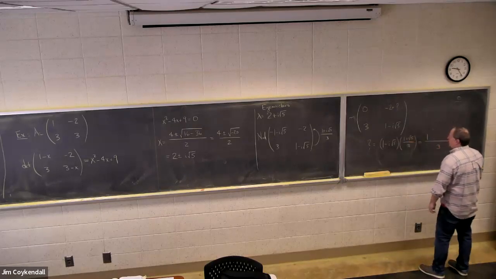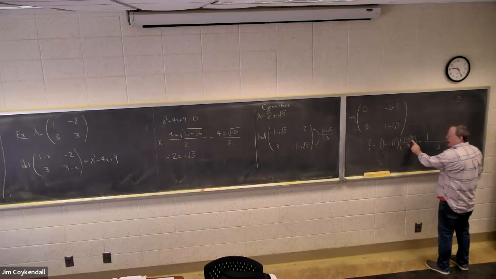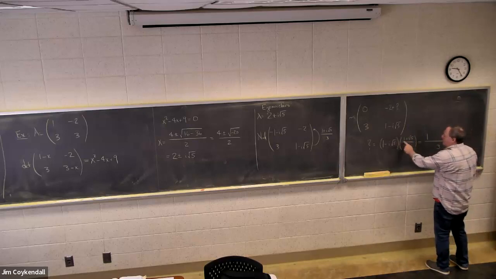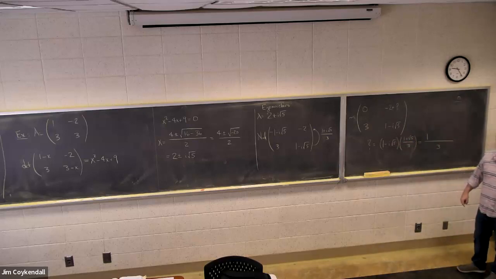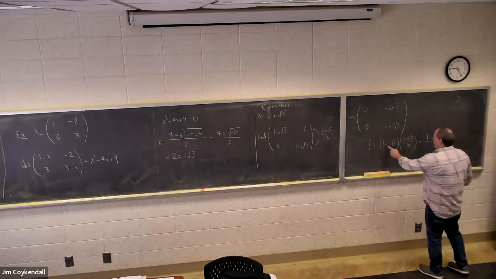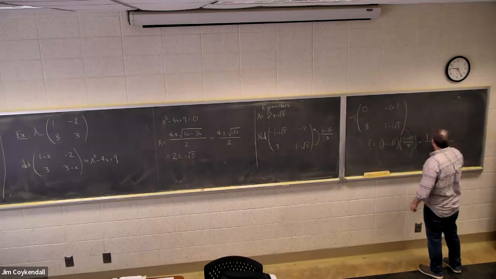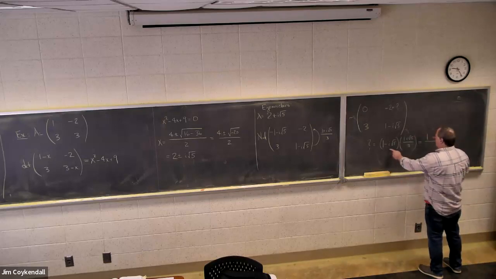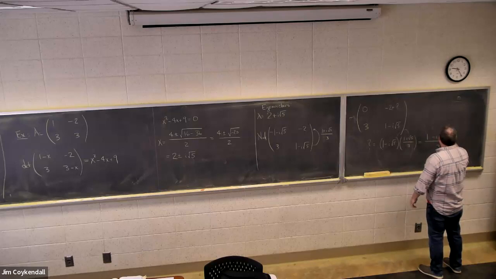1 times 1, 1. Then I have i radical 5 minus i radical 5. Look how lucky I am, right? And then the last term, I get minus i squared times radical 5 squared.